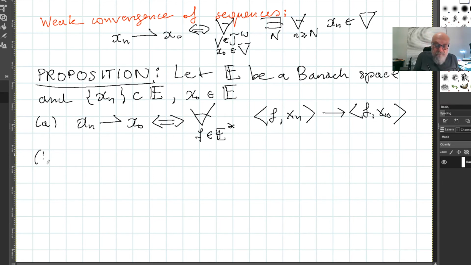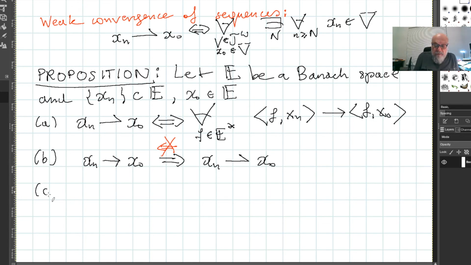Then we have B. If xn actually converges strongly to x naught, then this implies, but not vice versa, that xn converges weakly to x naught. So please remember, you don't have the reverse. That's not true.